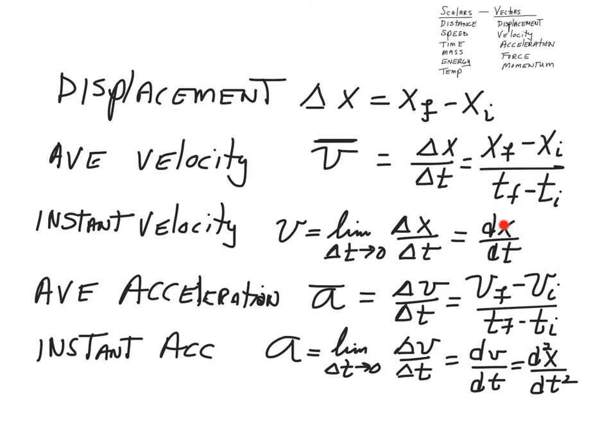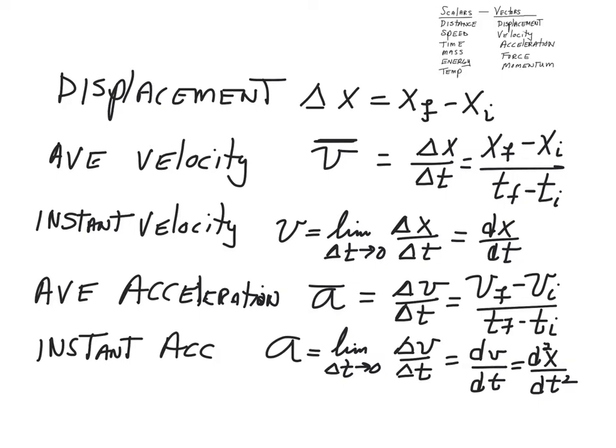And the dx just means a vanishingly small delta x over a vanishingly small time interval. So the best definition of velocity uses calculus. It's the derivative of the displacement vector over time.